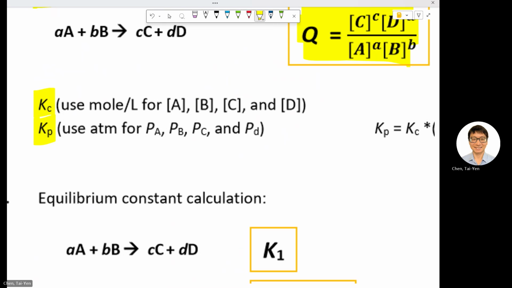Okay. So uppercase K represents equilibrium constant. How about the lowercase k? The lowercase k represents rate constant. Okay, make sure you know. Uppercase K, equilibrium constant. Lowercase k, rate constant.